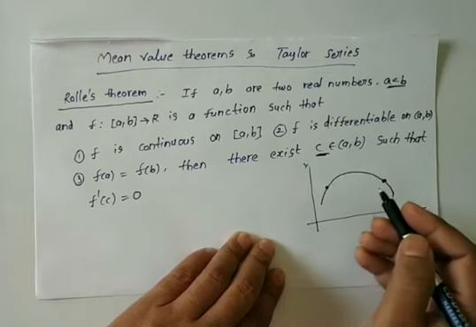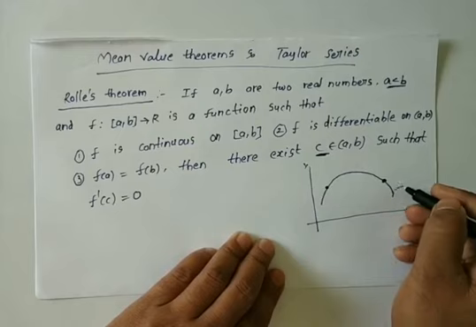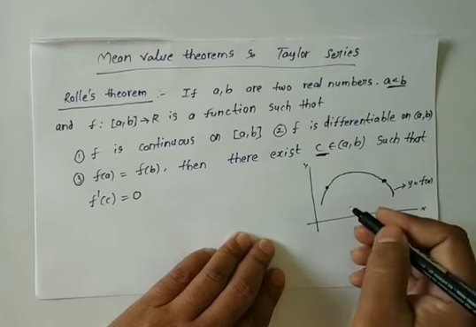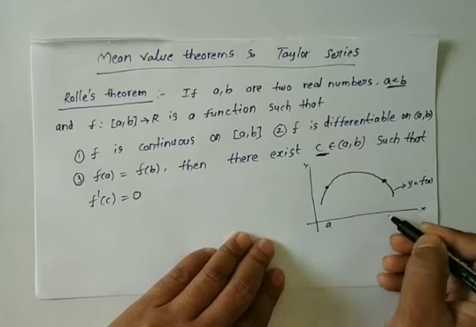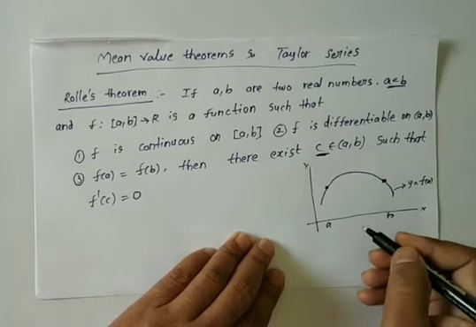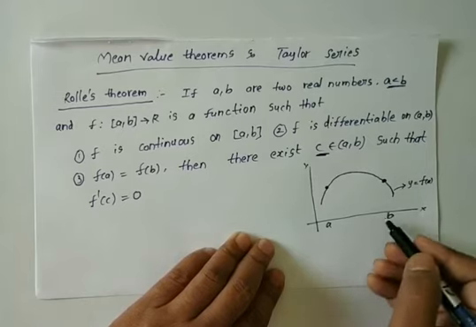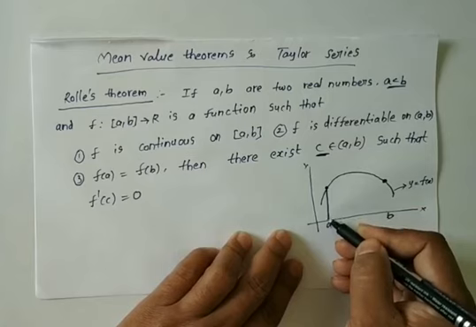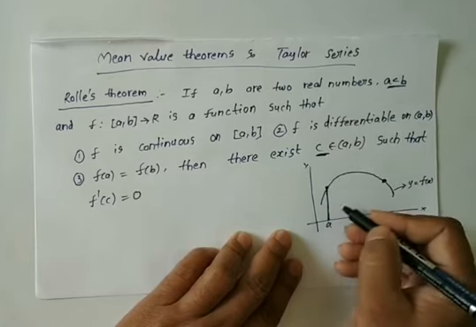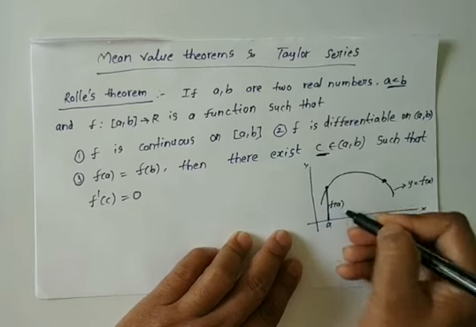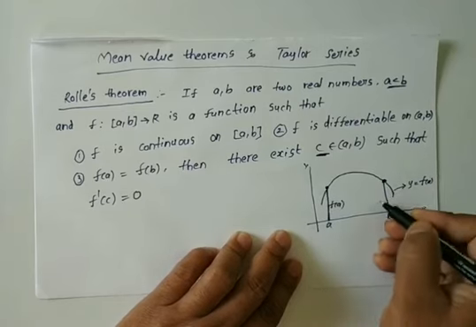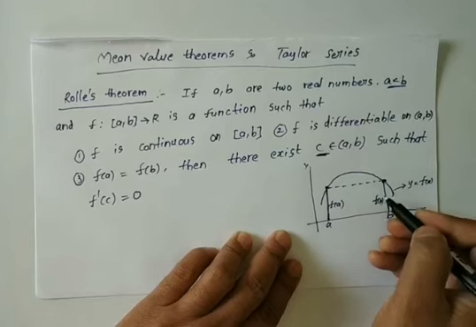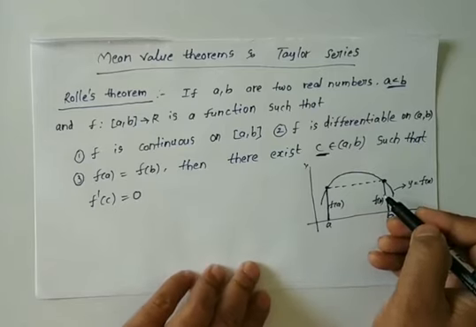Let us consider y is equal to f of x be a curve from the closed interval [a, b] to the real numbers. Suppose this is a, this is b. So here a less than b. Tell me what is this length? This is f of a. This is f of b. So here f of a is equal to f of b. Very, very important graph.